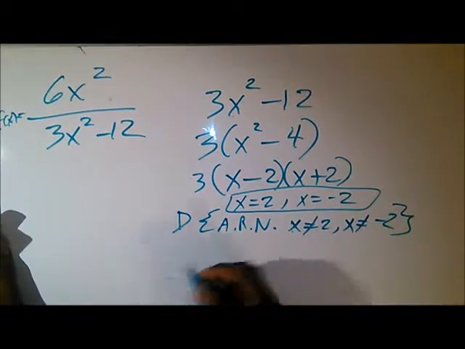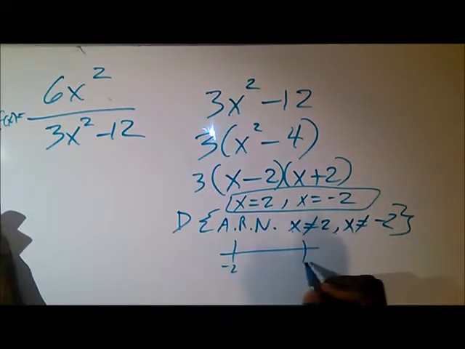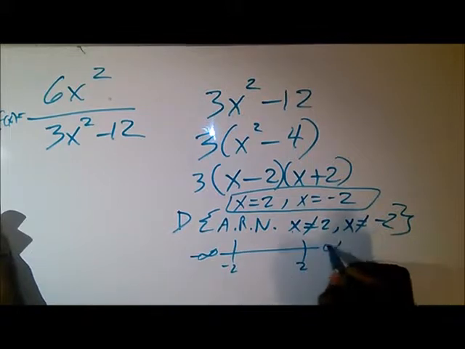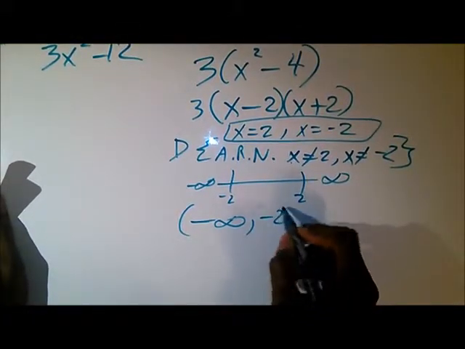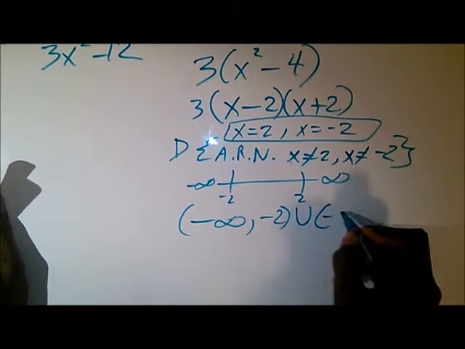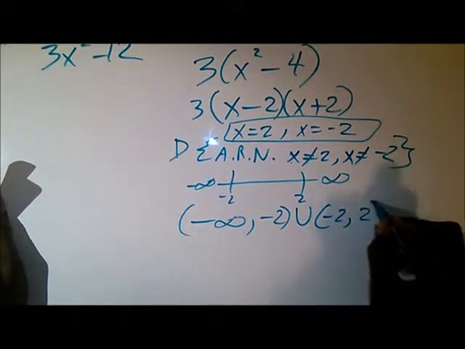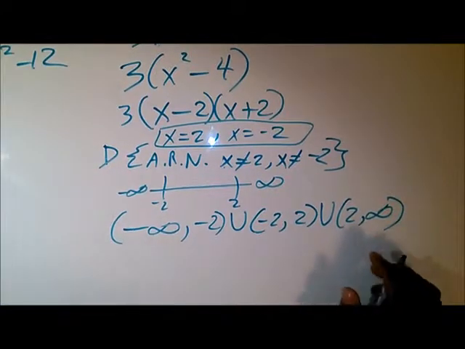If you put this in interval notation, it's -infinity to -2, -2 to 2, and 2 to positive infinity.